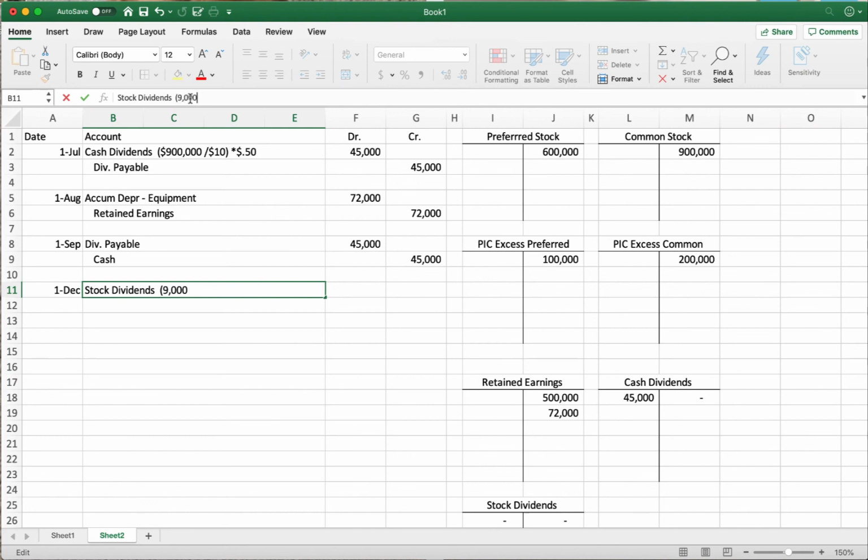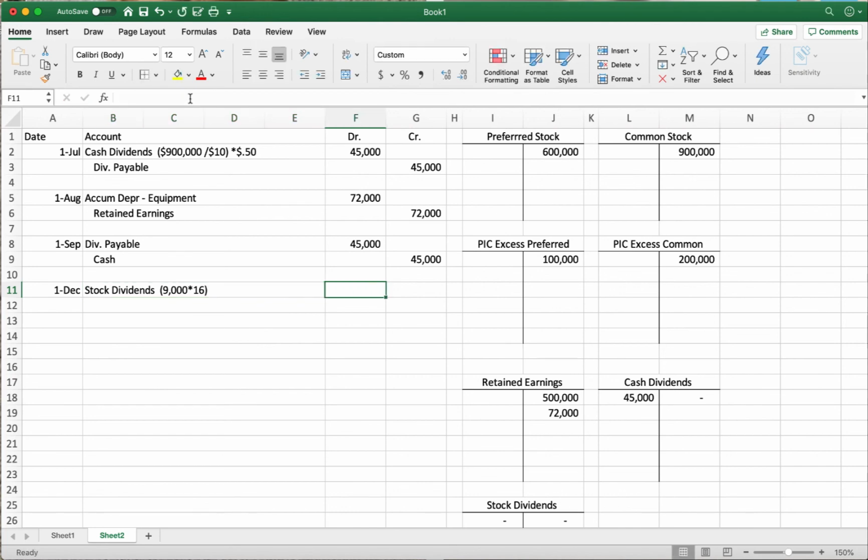So 9,000 shares of common stock is going to be paid out. At what price? Well, it's a small stock dividend, so hopefully everybody's saying, I got to use the market value. $16. The total is $144,000.